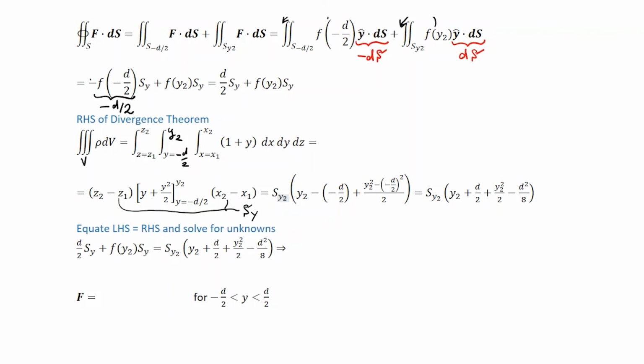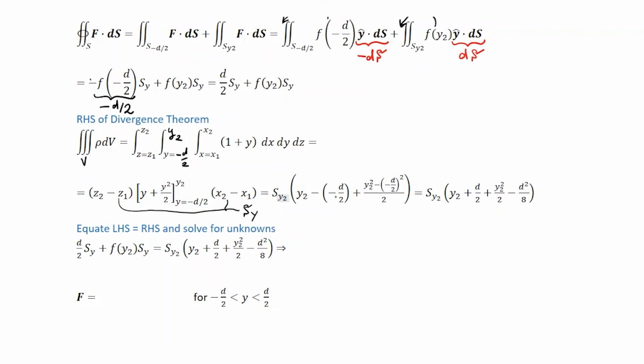This gives us y2 minus this one. So this is what I wrote here. And then plus this guy at y2, which is this part, minus this same thing at negative d over 2, which is this part. And then again, we have the surface area times y2.